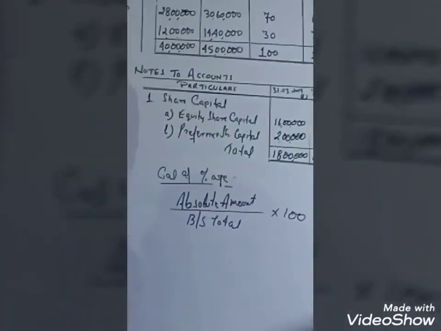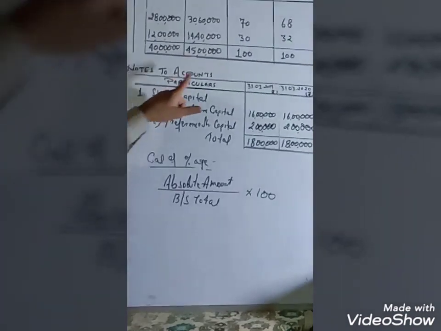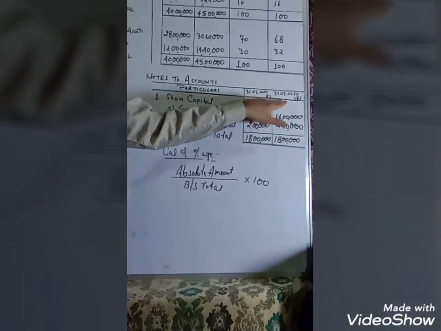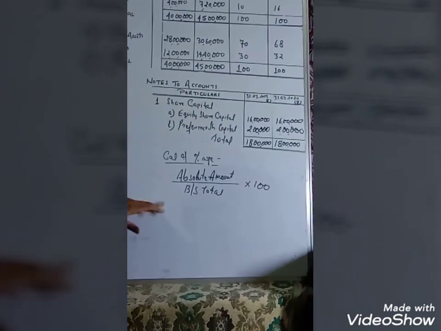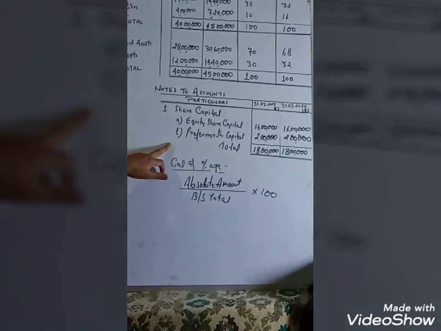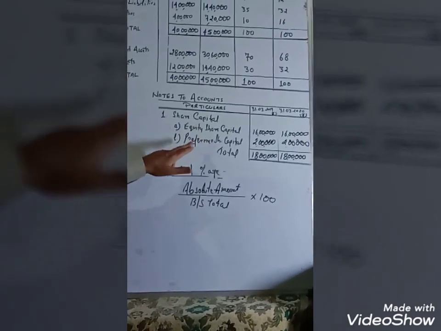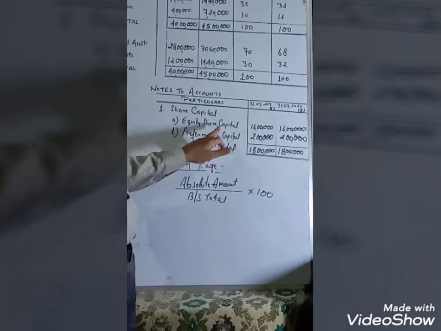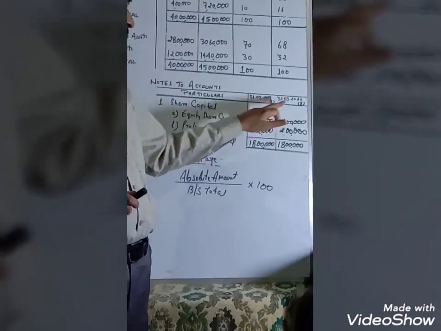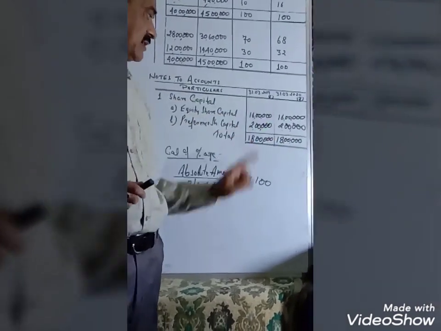We had prepared notes to accounts, particulars 2019-2020. First note is share capital. Under it, 2 types of share capital are given: equity share capital and preference share capital. For 2019, equity share capital is 16 lakh, and for 2020 also 16 lakh.